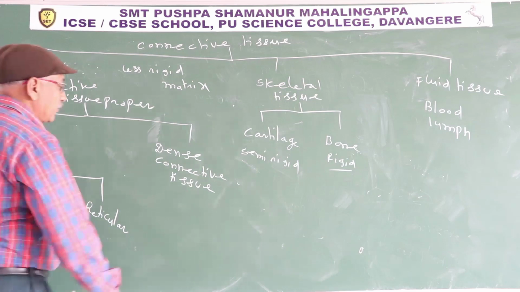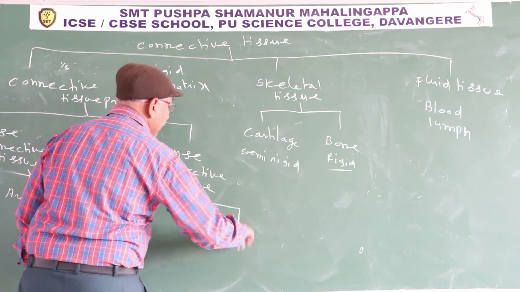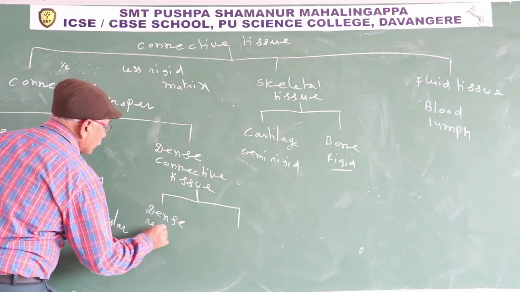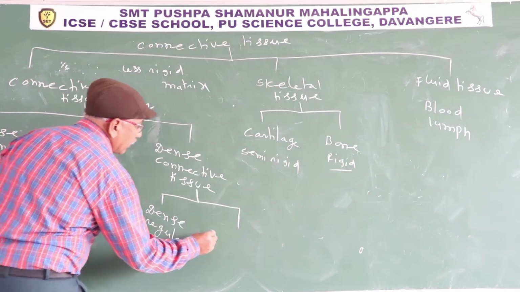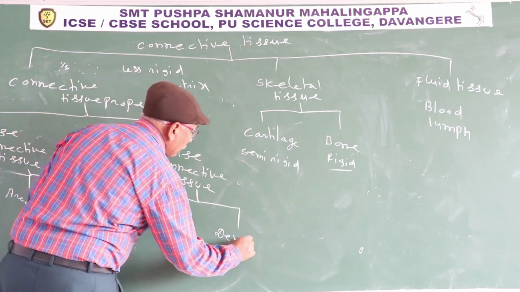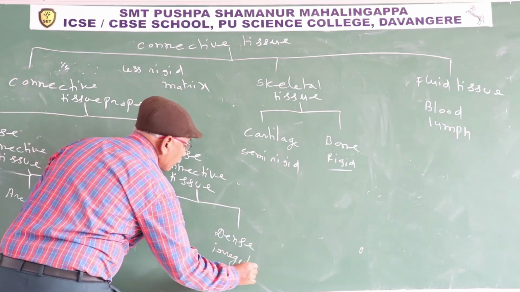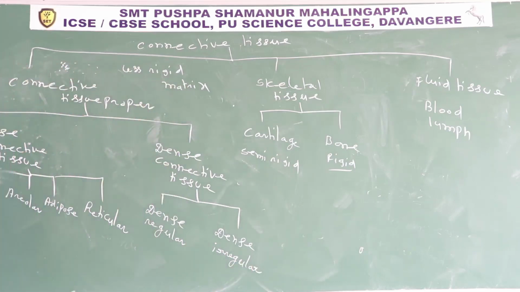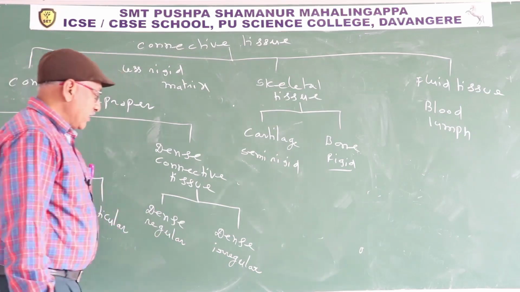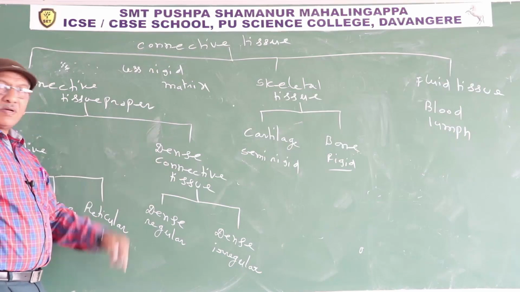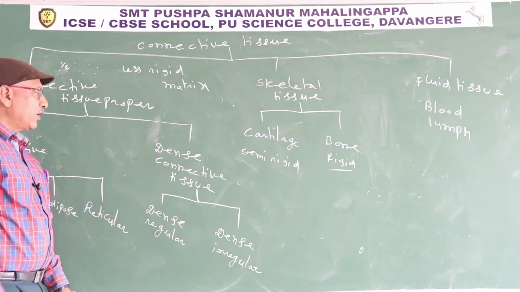Dense connective tissue is classified into dense regular and dense irregular. Areolar, adipose, reticular are examples of loose connective tissue. Dense regular, dense irregular. That means two types of dense connective tissue.